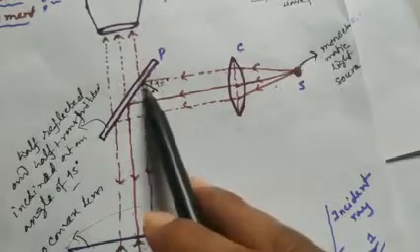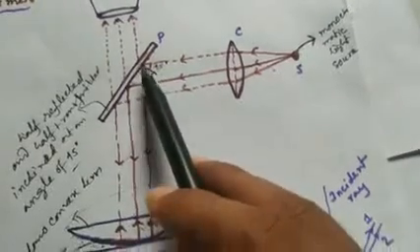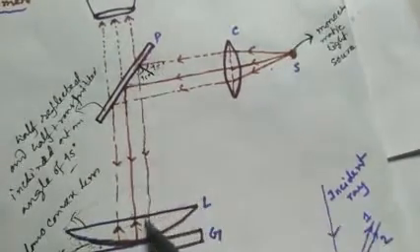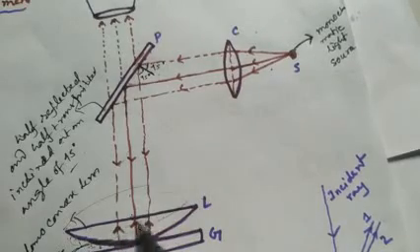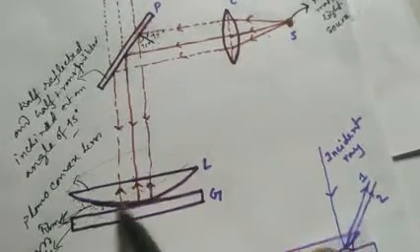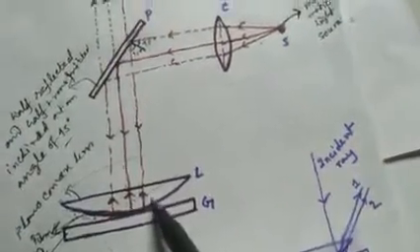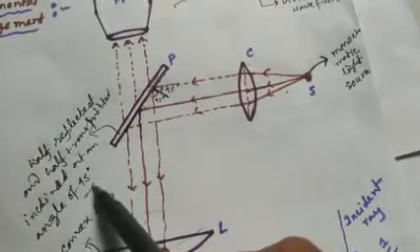And why is it inclined at 45 degrees? The rays must be incident normally on the film for the Newton's rings experiment, so the plate is inclined at 45 degrees.